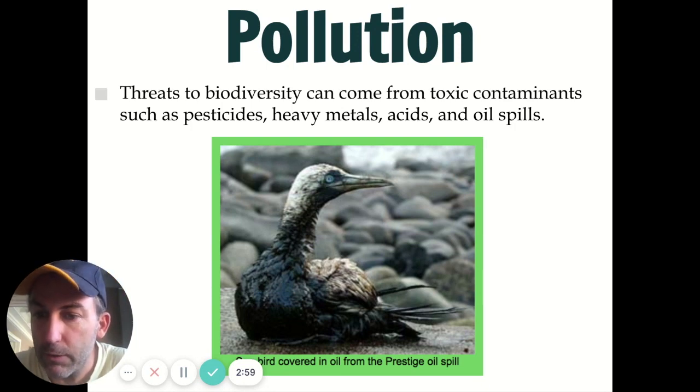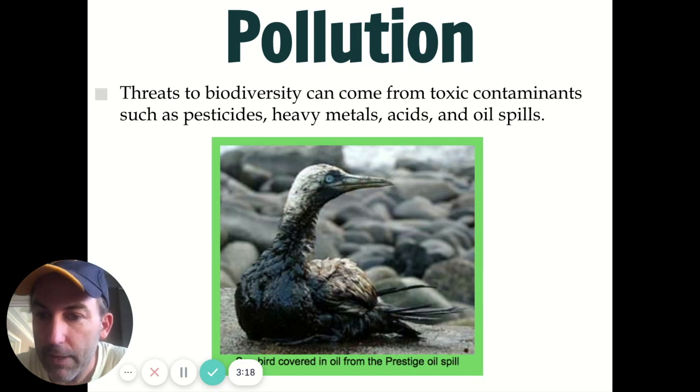We accumulate those in our tissues over the course of our lifetime. For different organisms, depending on where they are in the trophic pyramid, that may interfere with their reproductive cycles, or reduce their lifespan.